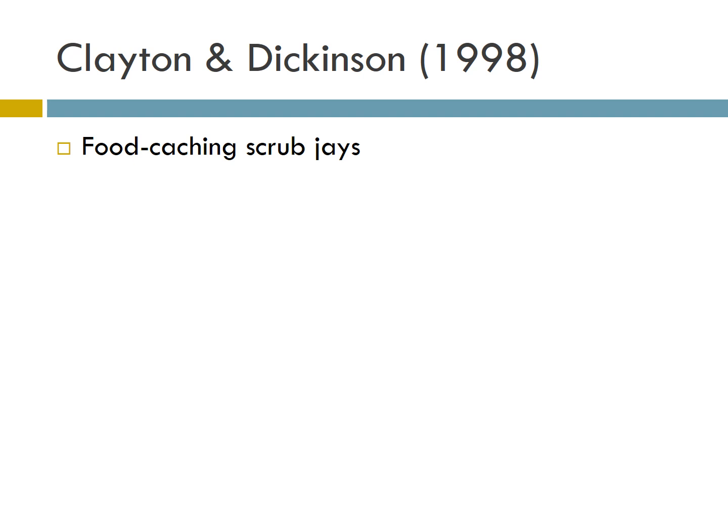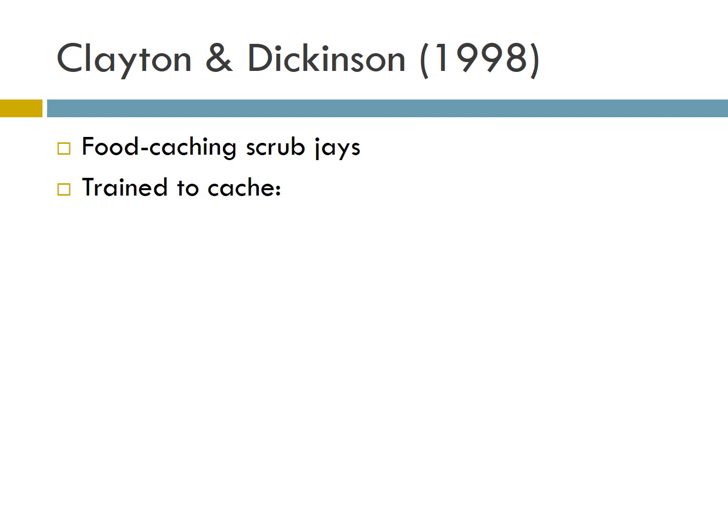If they don't remember where they hid it, then there was no point. So Clayton and Dickinson wanted to do an experiment with these food caching scrub jays to test whether or not they exhibited episodic or episodic-like memory according to the Tulving definition of the what, when, and where.